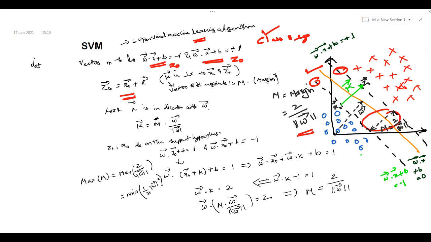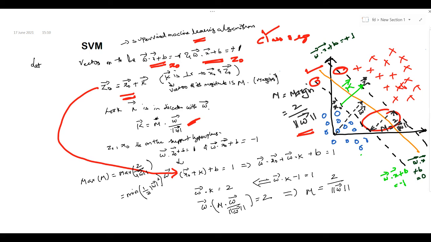We can also see that the k bar vector is in the direction of w bar. So now we can write that k bar is equal to m, the magnitude, into the direction, which is w bar by mod of w bar. From the equation z naught bar is equal to x naught bar plus k bar, we find that z naught and x naught vectors lie on the support hyperplanes.